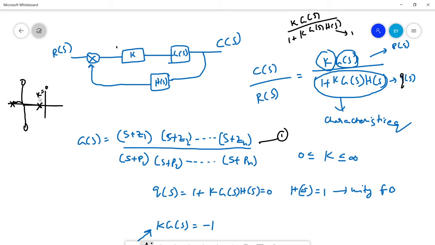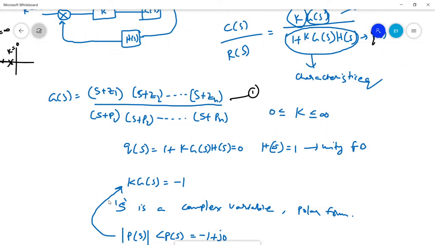When you are increasing the k value towards infinity, the point where the locus ends, that is at zero, is the point where k is equal to infinity. When you are varying k from 0 to infinity, the root locus will start from pole and end at zero. If there are no zeros, it will end at infinity, right? This is how we can vary the k value such that the relative stability can be estimated, right?